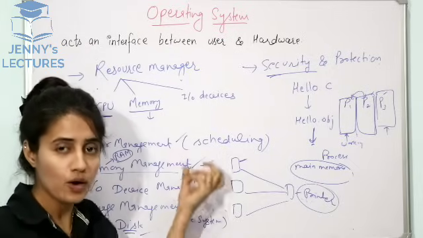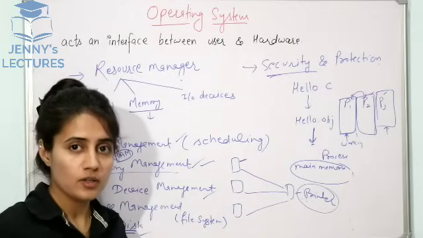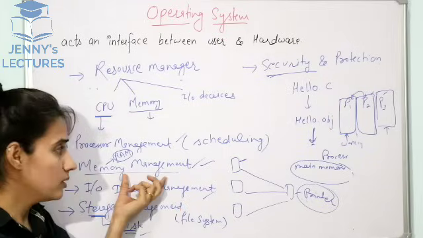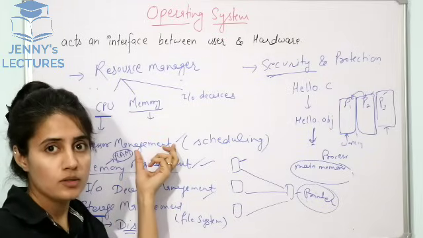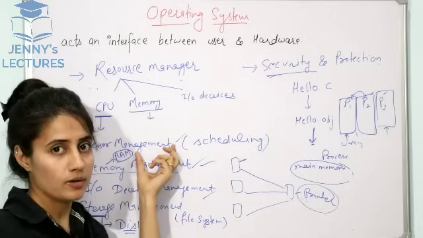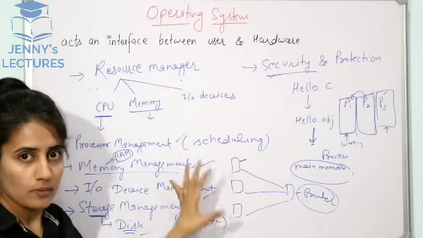Here I have discussed them in brief, and when you open Galvin, you find that memory management is itself a complete unit. Process management is itself a complete unit. So, we will discuss these in detail later.